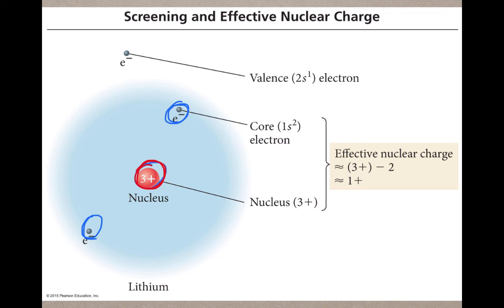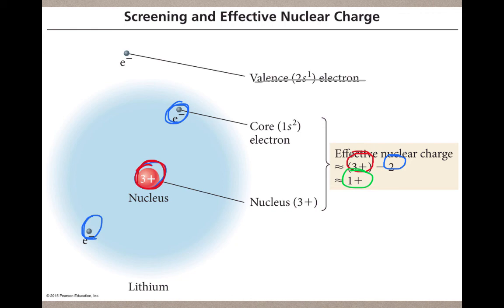It's a bit of an approximation, but we can find the effective Z felt by this outer 2s electron by taking the number of positive charges from the nucleus minus the number of shielding electrons. We've got 3 pluses from the nucleus and 2 minuses shielding it, so really what that outer electron is feeling is just that single 1+.